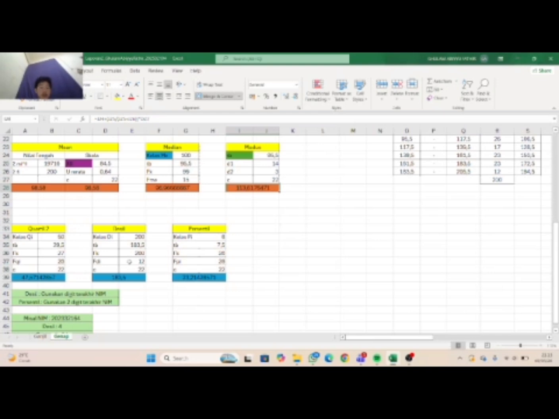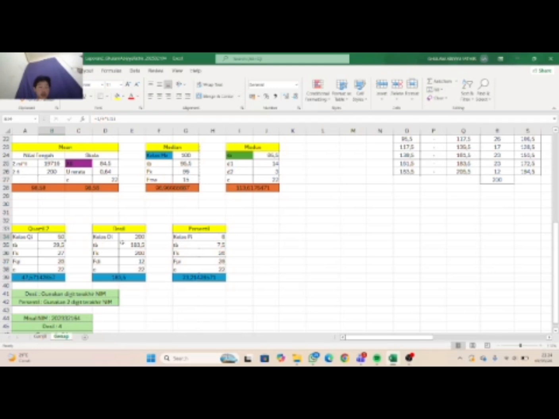The first step is to determine the quartile position using the total data multiplied by 1/4, 2/4, or 3/4. Then I determine the quartile class using the cumulative frequency. After the class is found, the quartile value is calculated using the group data quartile formula.